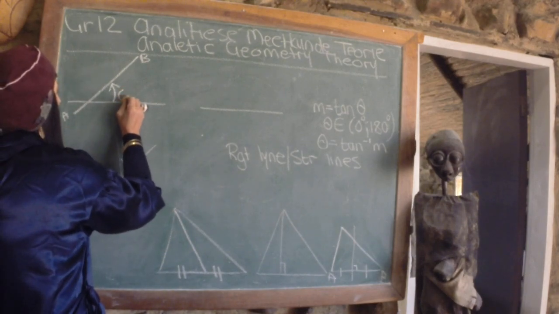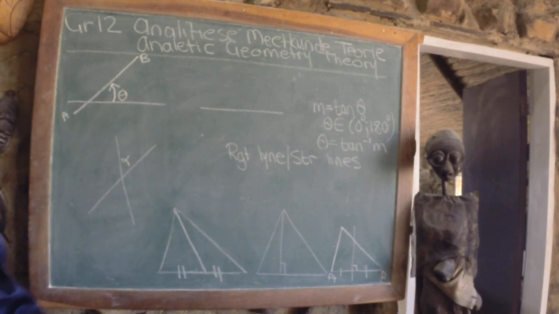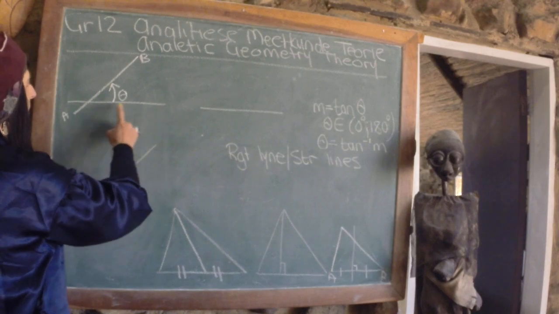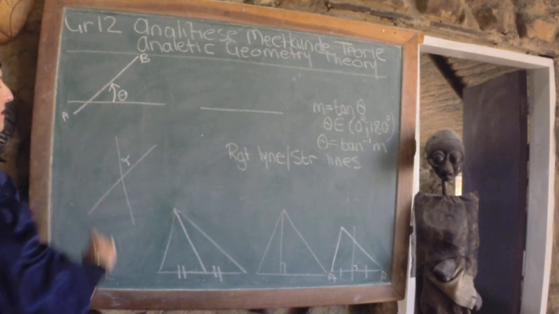So we can name that as theta. Theta is die inklinasiehoek. 'n Inklinasiehoek is die hoek wat gevorm word van die horisontaal in 'n anti-kloksgewyse rigting tot by die lyn.